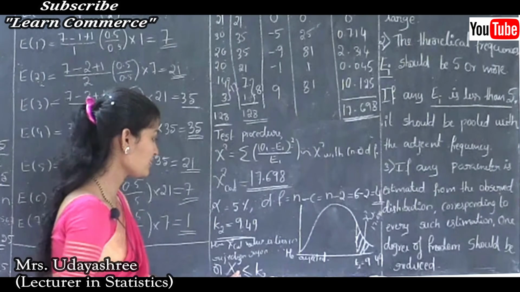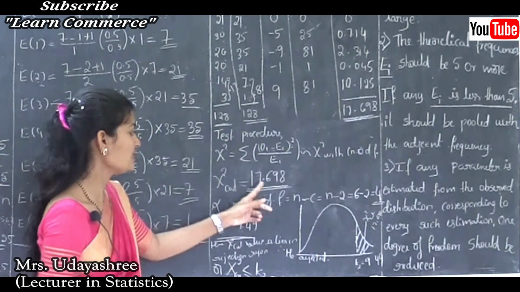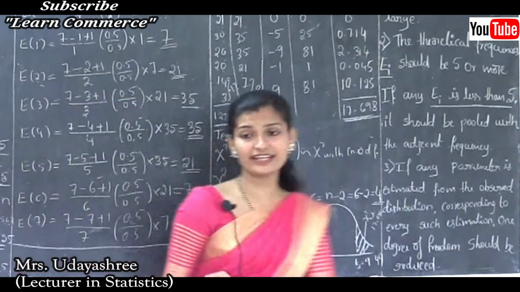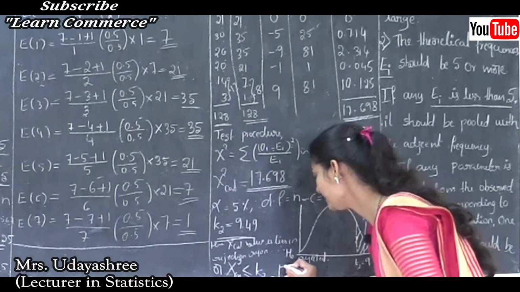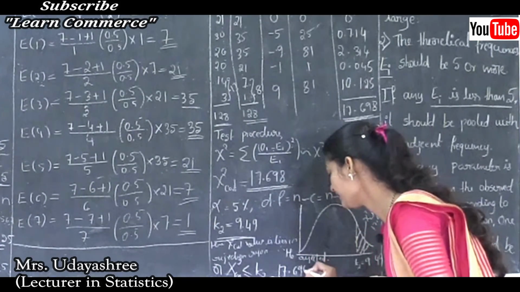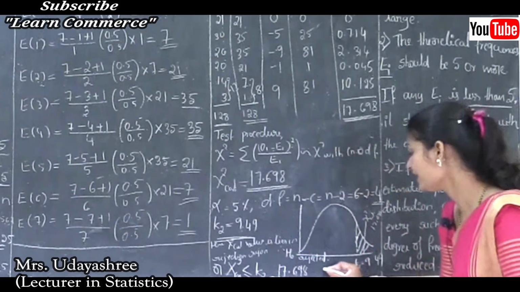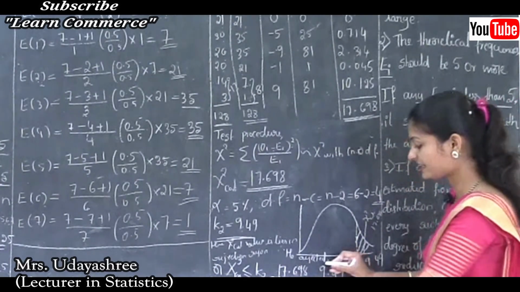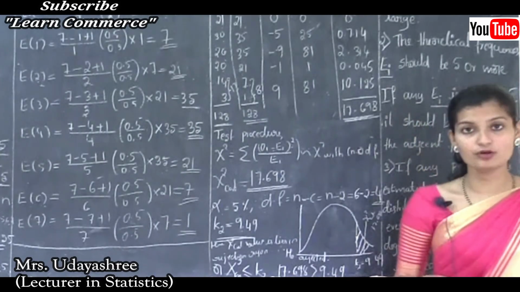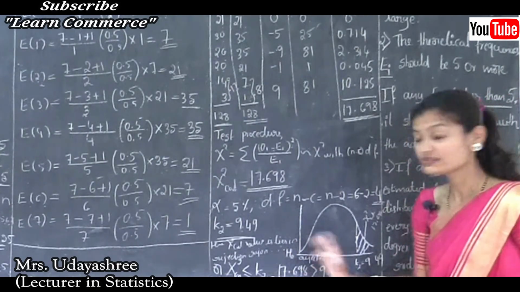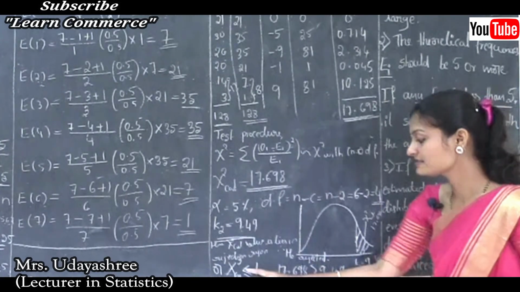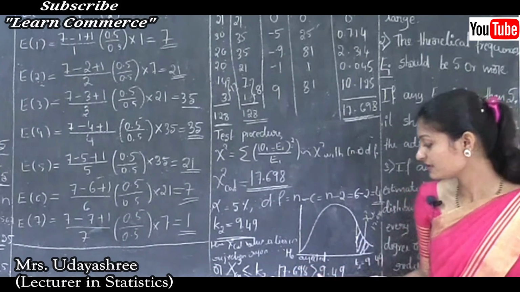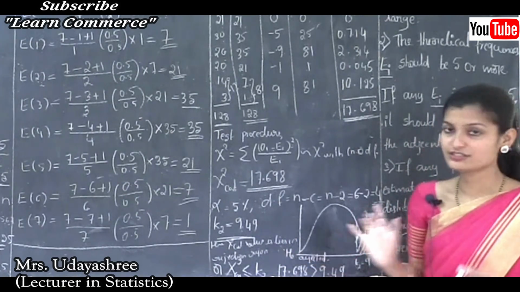Here the chi-square value, the calculated value, is 17.698 and the K2 value is 9.49. 17.698 is greater than 9.49, so the signs are different, meaning the condition is not satisfied. So H not is rejected.